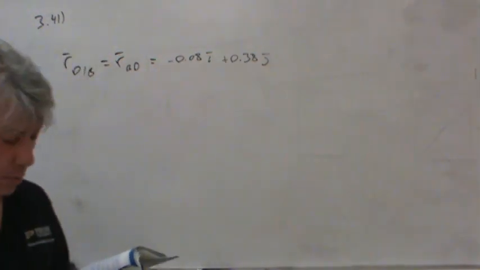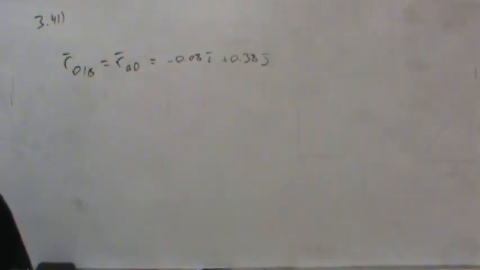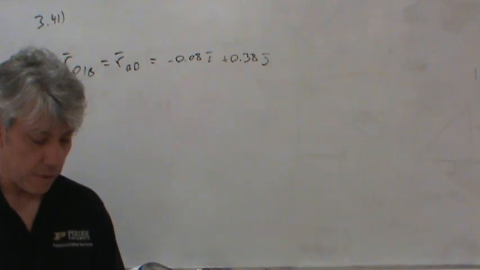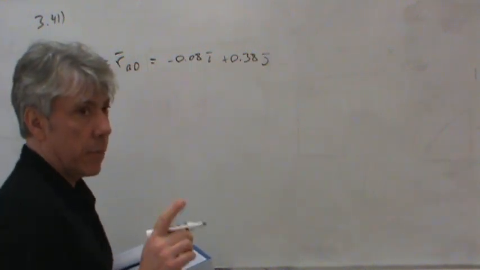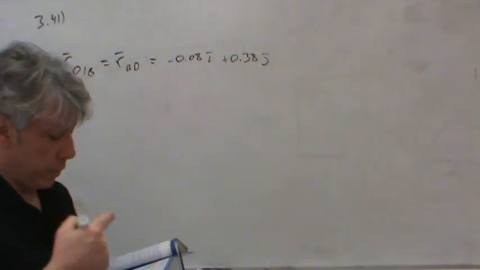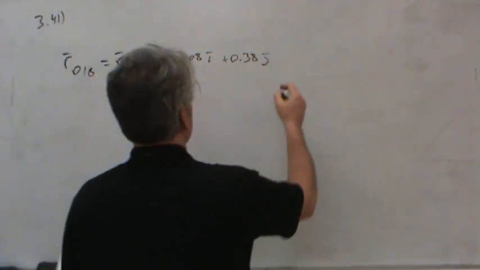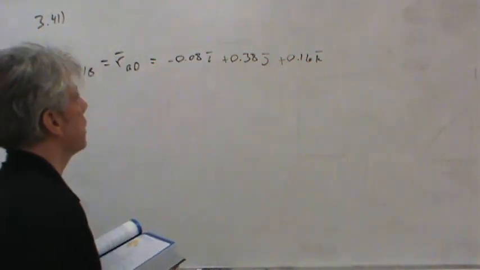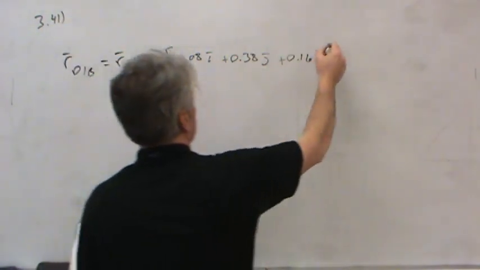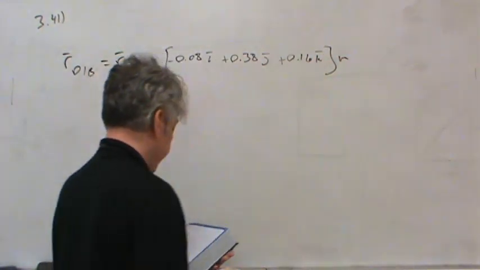Tell me the z direction. How much is it? 0.16. Is that positive or negative? It goes from B to D, so it's moving along the positive z direction. So plus 0.16 k. The units of all of these things are just meters.